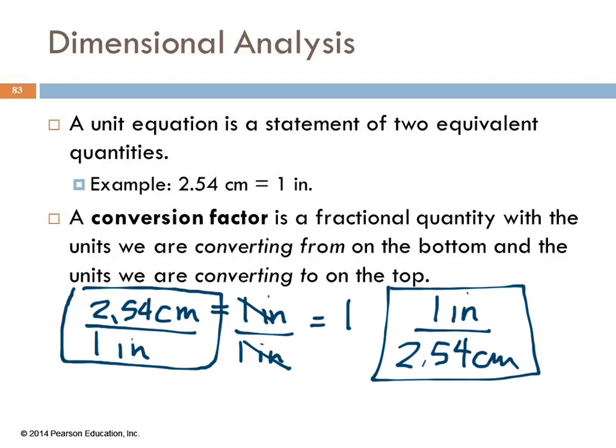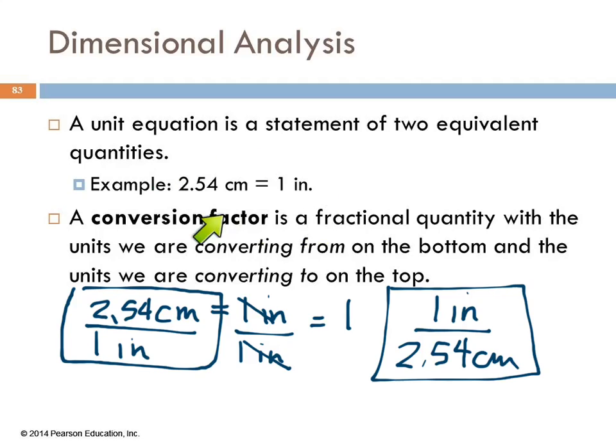How do you choose which one? You're going to look at the units. If you're starting with centimeters, then you're going to want to use this one, because when you multiply, the centimeters will cancel out. If you're starting with inches, you'll want to use this one. So we're going to use the one that the units we're converting from are on the bottom, and the units we're converting to are on the top.